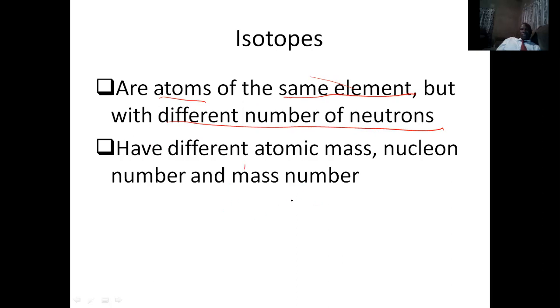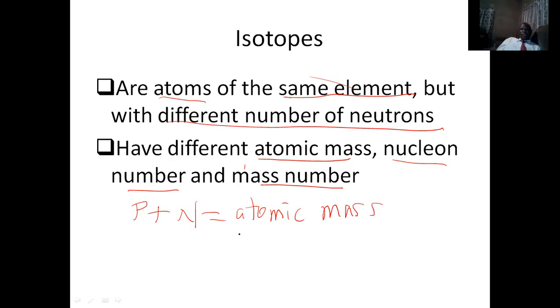It means they have a different atomic mass, nucleon number or mass number, because an isotope is the same element but with different neutrons.